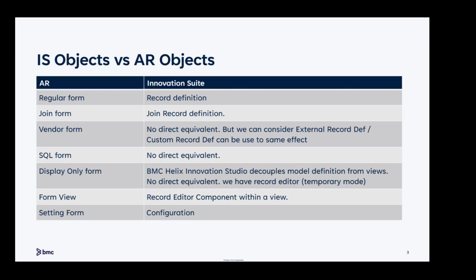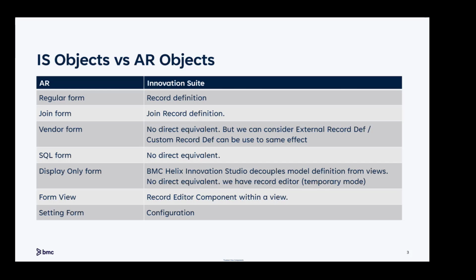I'm assuming some may know, but just to set a base, and this is by no means a deep dive, when I say something, what does it really mean in the AR world? This table gives you a good comparison between IS objects and their equivalent AR objects. In the AR world, we have regular forms. In Innovation Suite, we call forms record definitions.